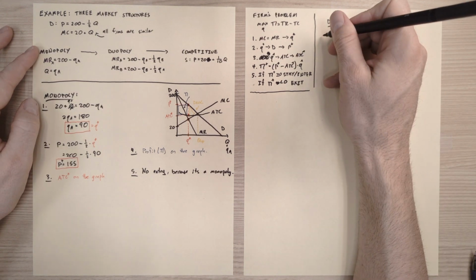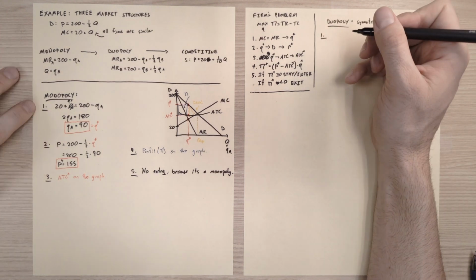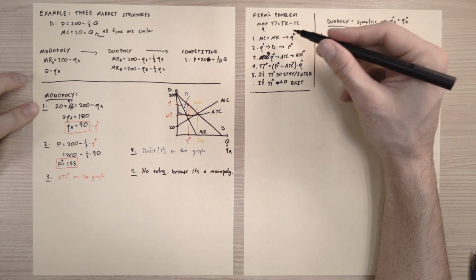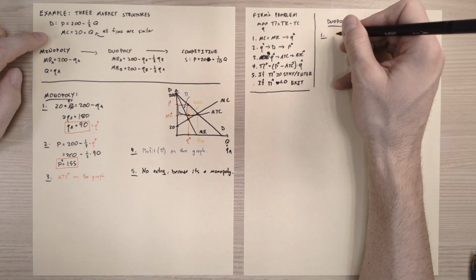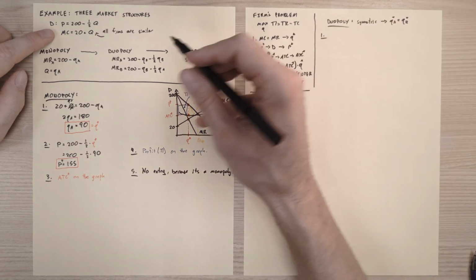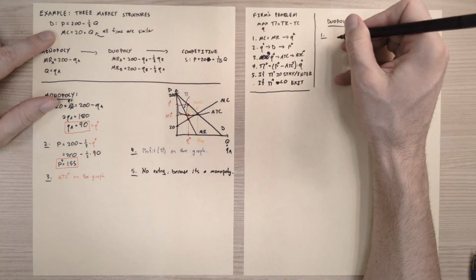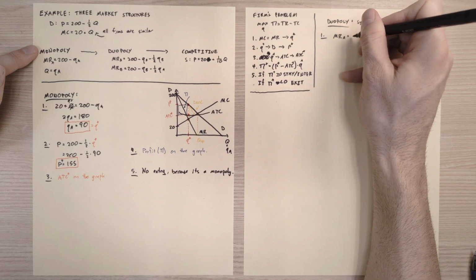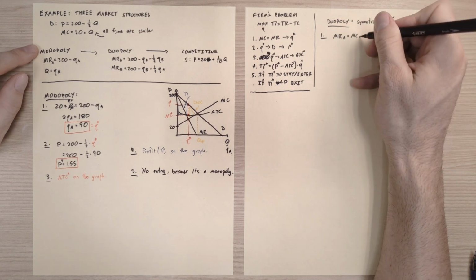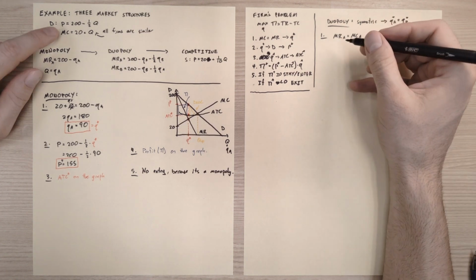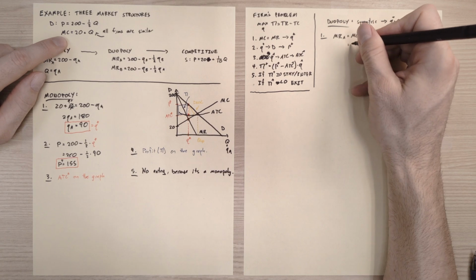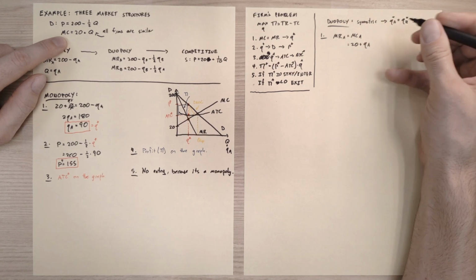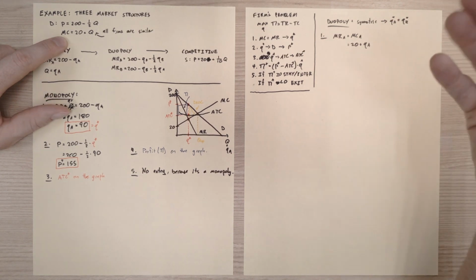All right, so just like we did for the monopolist, we're going to set MC equal to MR. So for firm A, remember we have two firms, we call them firm A and firm B. For firm A, we have marginal revenue equal to marginal cost. Marginal cost A is just 20 plus QA, just how much it costs us to produce.